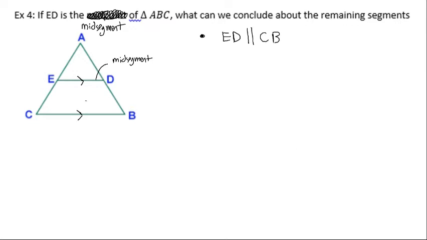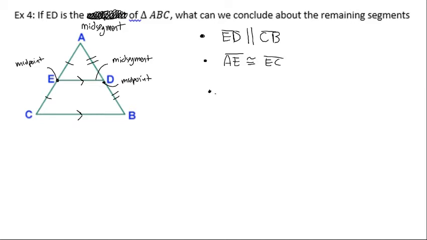Another thing that happens here when this is a mid-segment, remember these two segments are congruent because E is a midpoint. So here we're going to say AE, segment, is congruent to segment EC. And the same thing goes for the other side. These two correspond because point D is a midpoint.